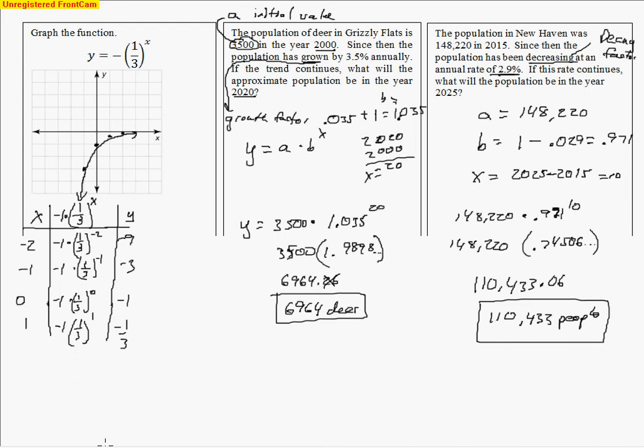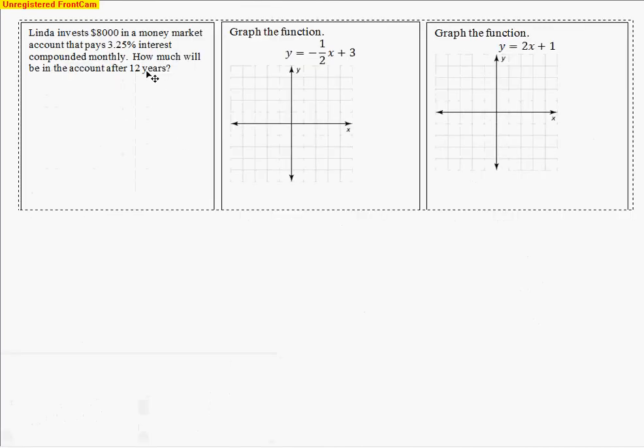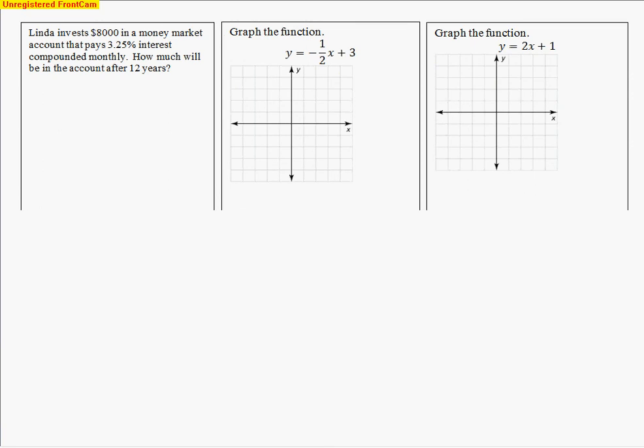Let's move on to the last set of problems, and it says that Linda invests $8,000 in a money market account that pays 3.25% interest compounded monthly. So now how much will the account be after 12 years? So remember, our formula goes this way. A equals the principal times 1 plus the rate divided by the number of compounding periods, all to the nt power, the number of compounding periods times the number of years.